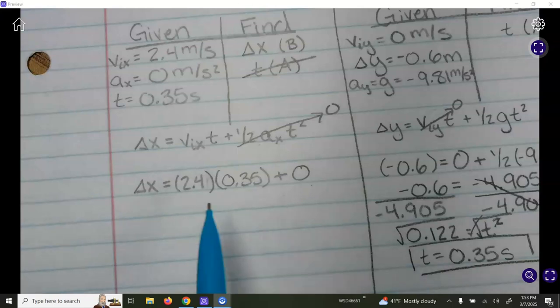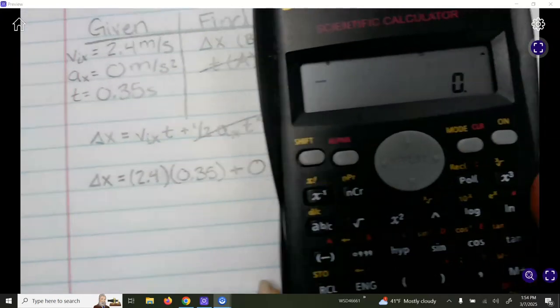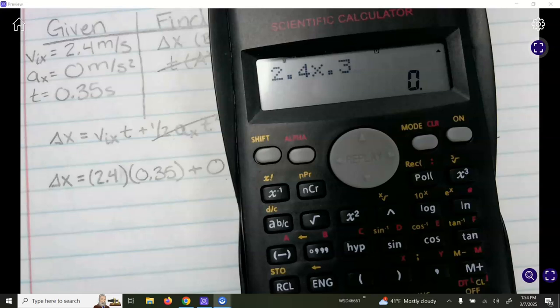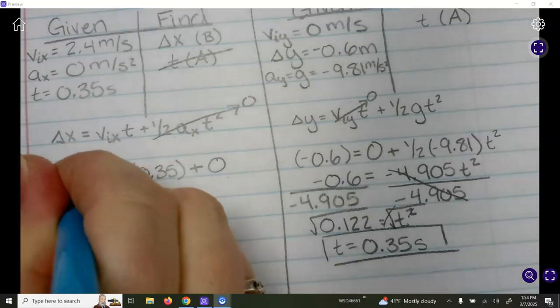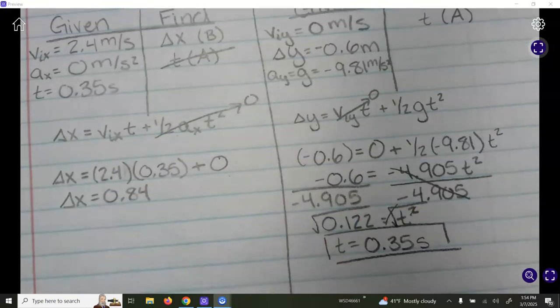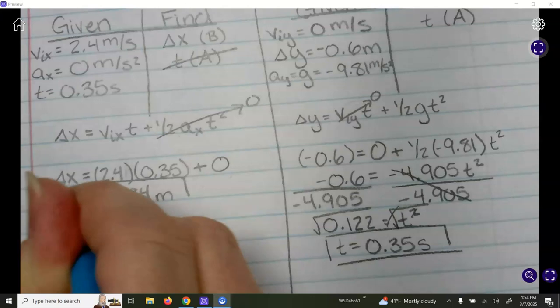Now, all I'm going to do is take these two numbers and multiply, and that's going to give me my delta x. This is way easy. So let's take our calculator, and let's take 2.4 times 0.35, which is our time. That's going to give me 0.84. Delta x is equal to 0.84. And because it's a measurement in distance or displacement, that's going to be meters.